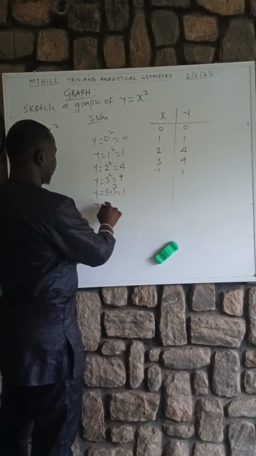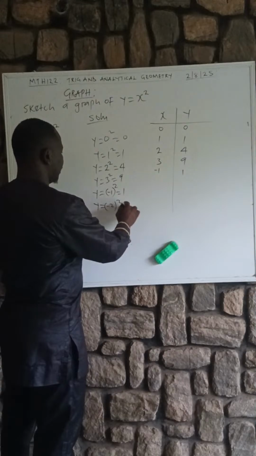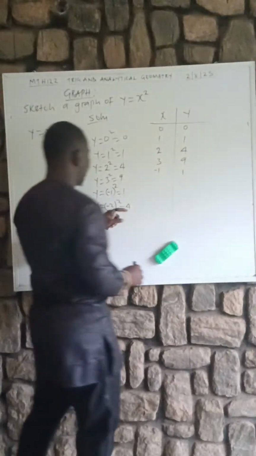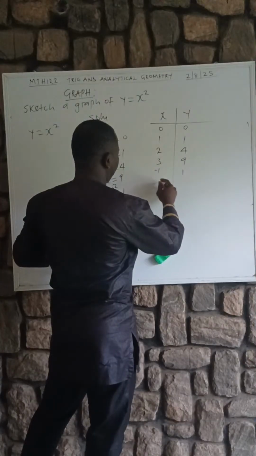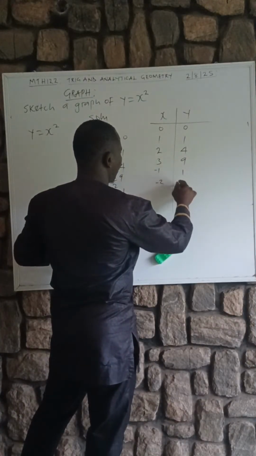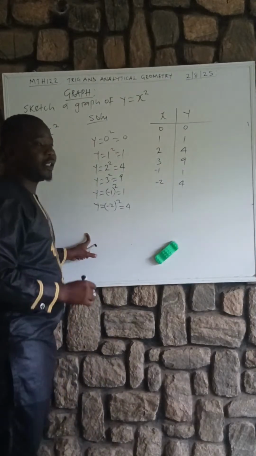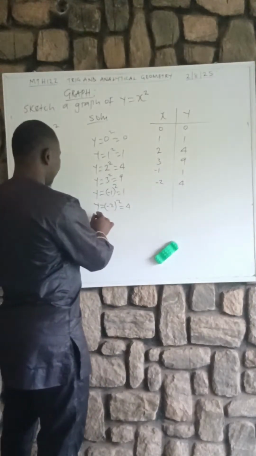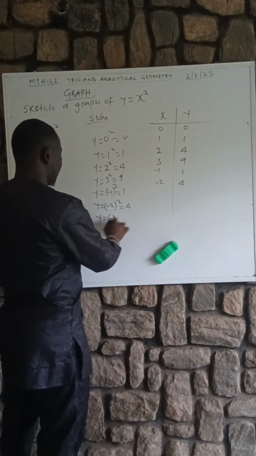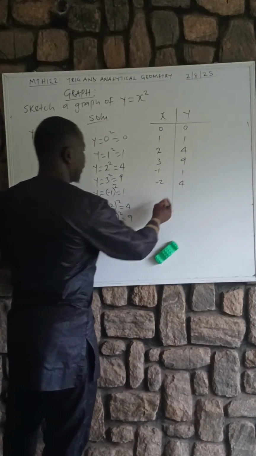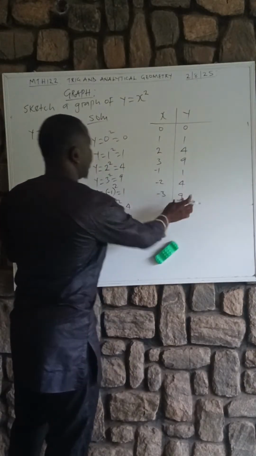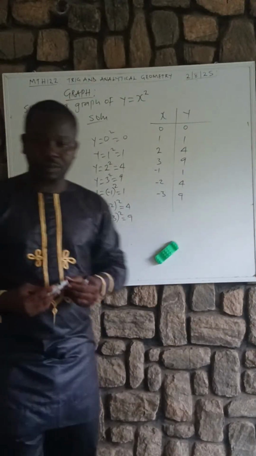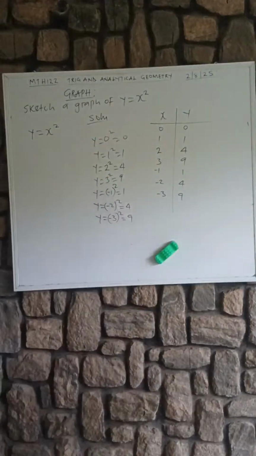If x equals minus 2, y is increasing, it is 4. Then if x equals minus 3, y is 9. It means y is positive throughout.